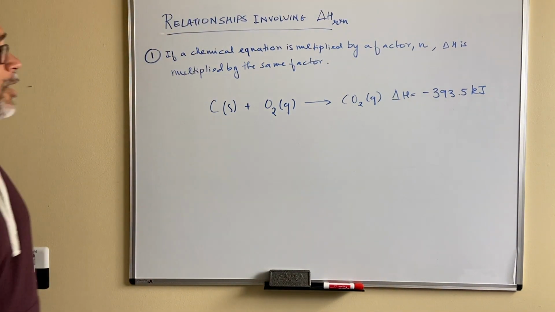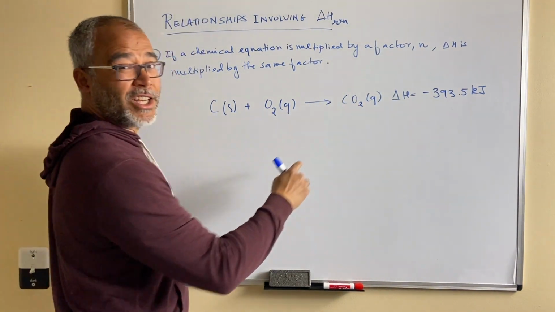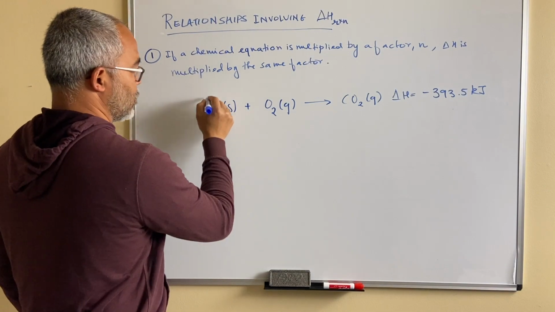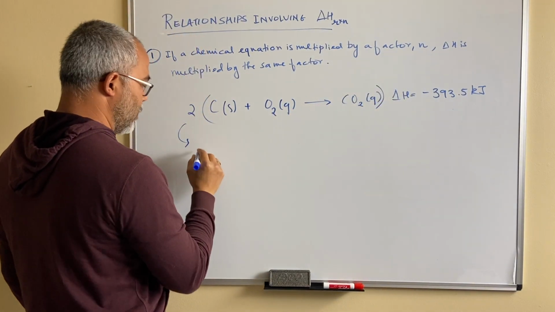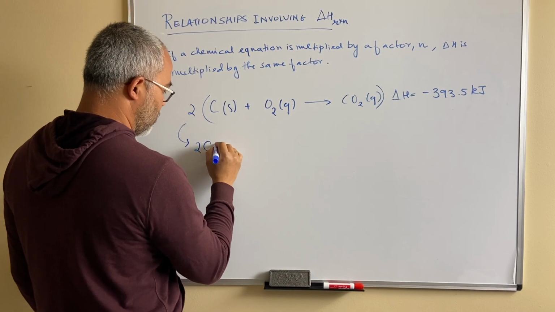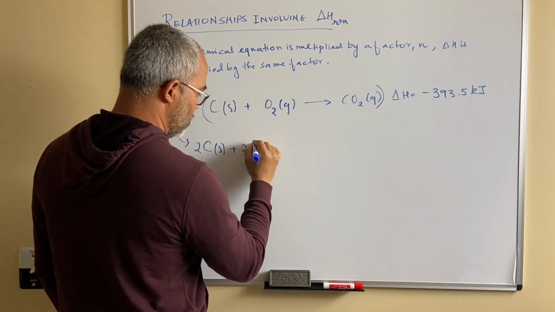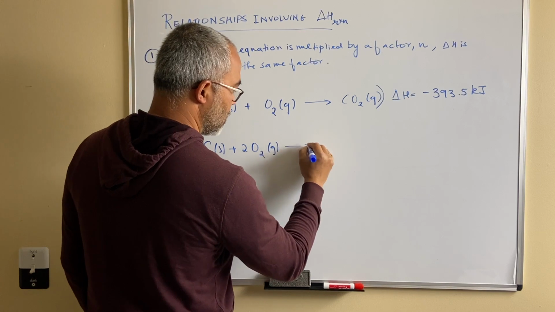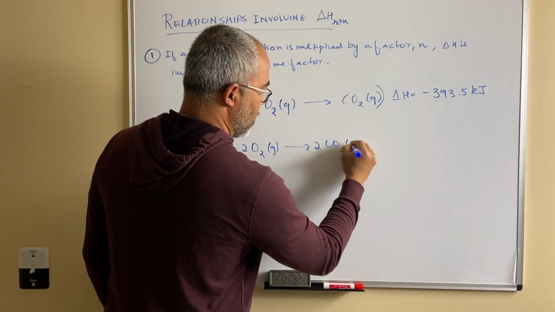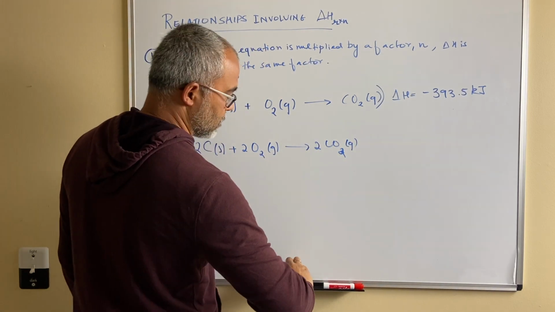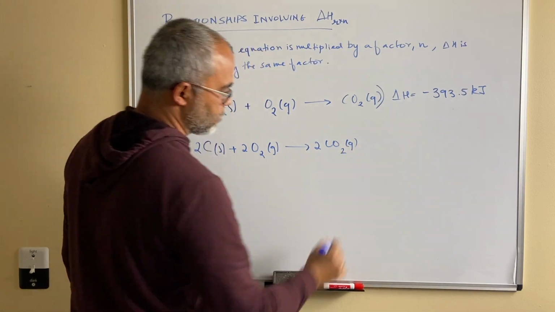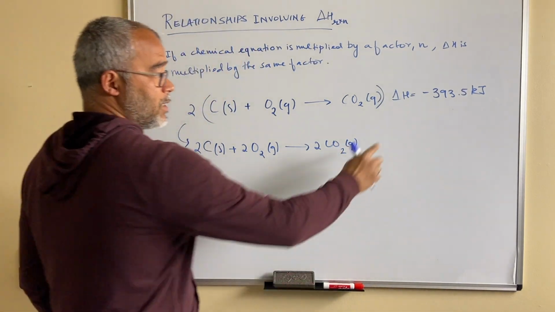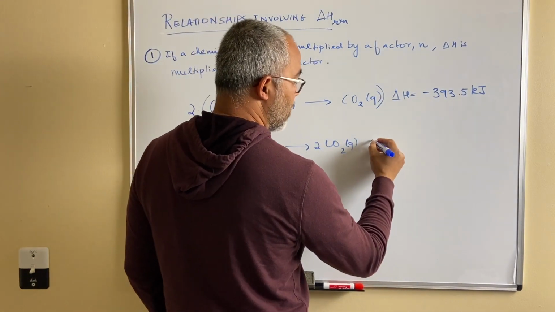Okay, so now if we multiply this equation by 2, this equation becomes 2 carbon plus 2 oxygen gives us 2 carbon dioxide. And as a result of that, the delta H is also going to be multiplied by 2.